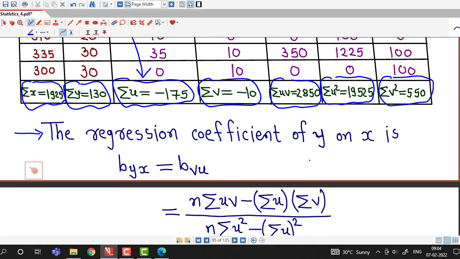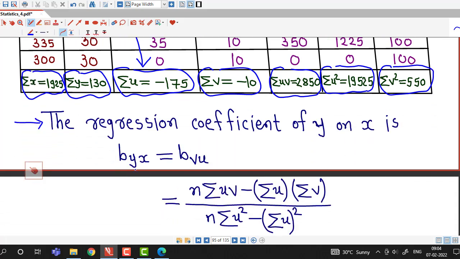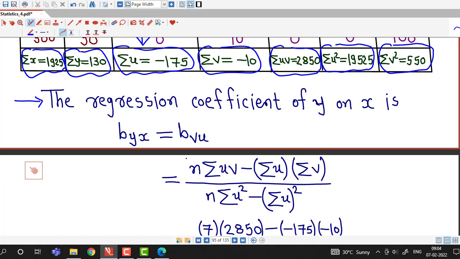Then we find out regression coefficient of y on x, that is byx equal to bvu, and we have written the formula for bvu: n times sigma uv minus sigma u times sigma v divided by n times sigma u square minus sigma u whole square. Sigma u into v is 2850, n is 7, sigma u is minus 175, sigma v is minus 10.